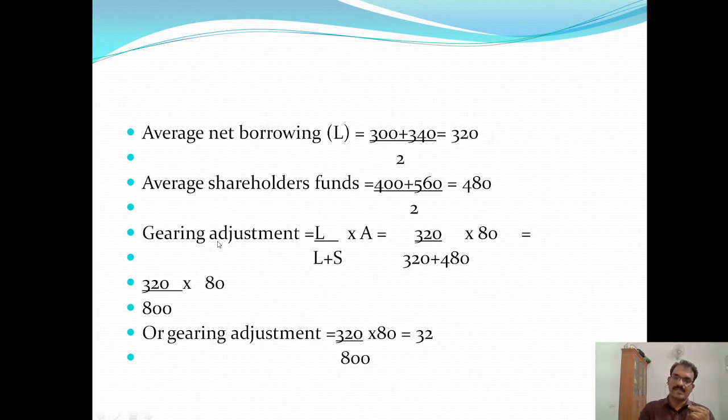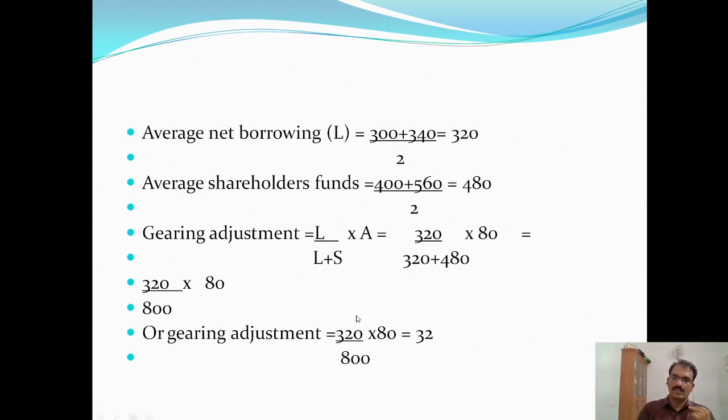Then gearing adjustment. Gearing adjustment is equal to L, that is average net borrowing, divided by L plus S, that is average net borrowing plus average shareholders funds, into A, total of current cost adjustments. That's given in the question.